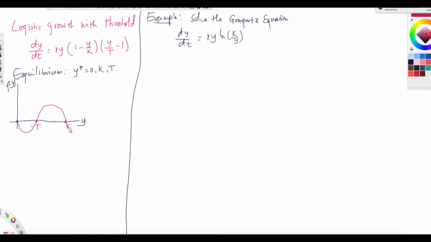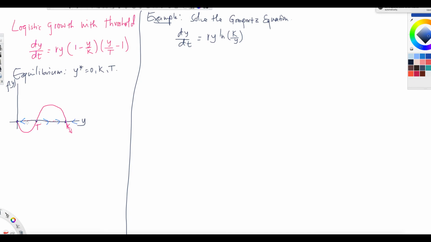Now, to test the stability of the equilibrium, look at this. If y is between 0 and t, then f(y), that is dy over dt, is negative, because the graph is below, meaning y is decreasing. Between t and k, it is positive, and greater than k, it will be negative.